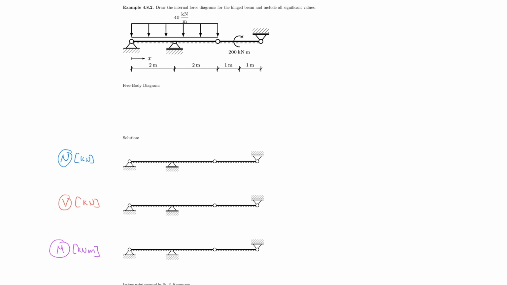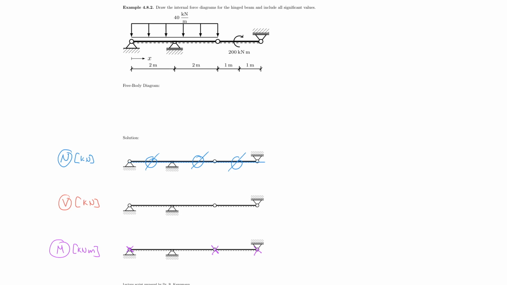So let's start. I know already that my moment must pass through 0 here, through 0 here, through 0 here. Already got that figured out. I already know that the normal force is effectively 0 everywhere. I don't have to worry about that. There's no horizontal force. So let's get that over with.